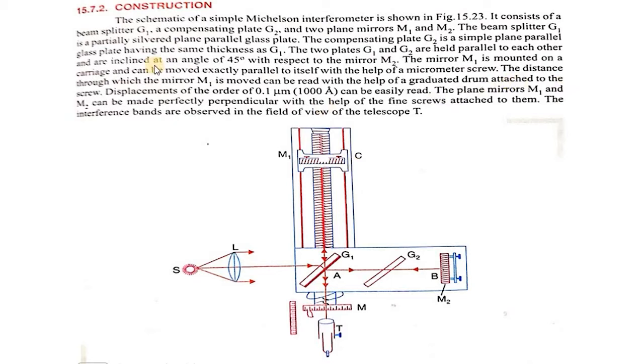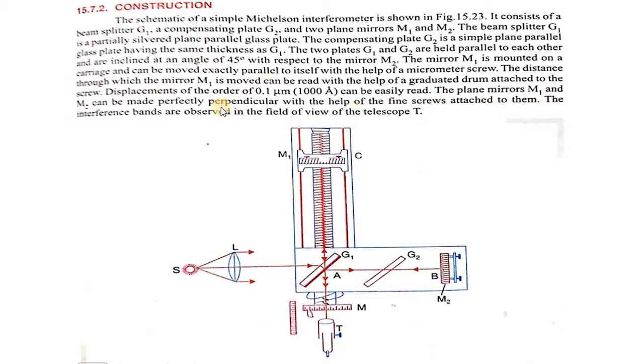The plane mirrors M1 and M2 can be mounted on the carriage and made exactly perpendicular to each other with the help of spine screws attached to them.